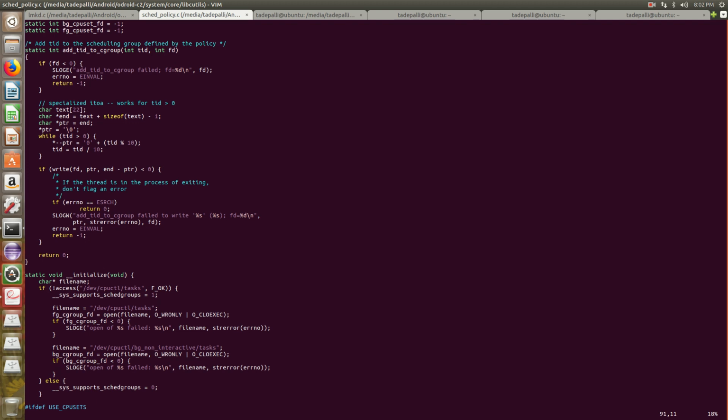As I said, once we have the infrastructure ready in init.rc, all that the source code does is write the PID to the correct C group. You can see that this function gets a TID and the file descriptor which corresponds to the C group it needs to be put into.